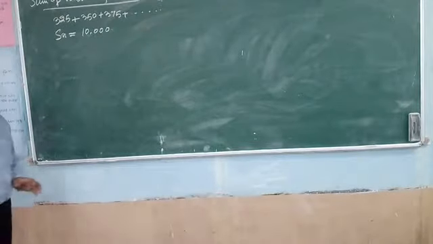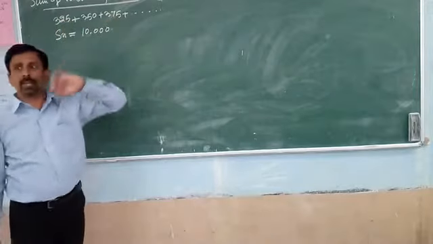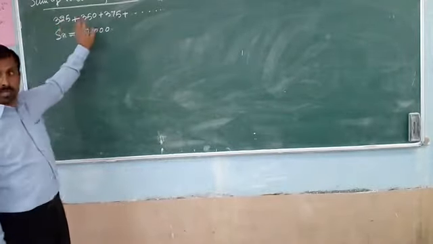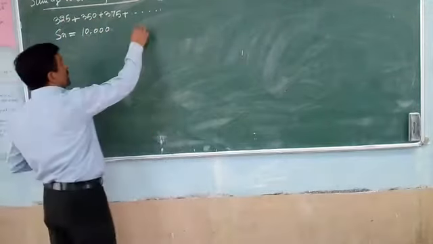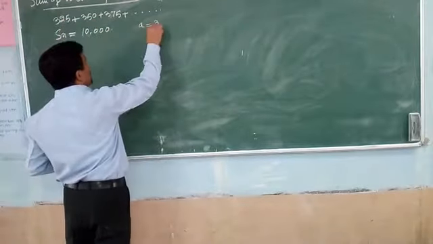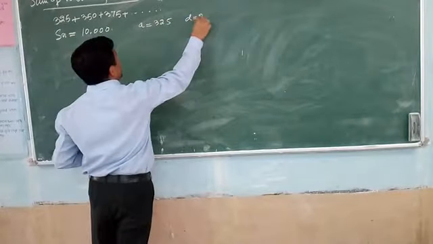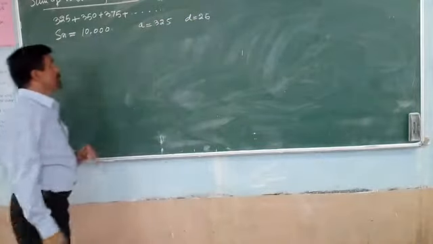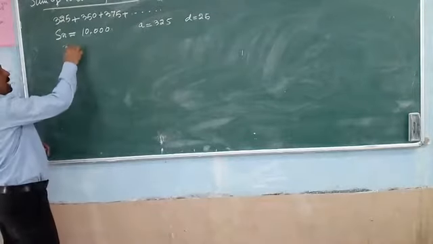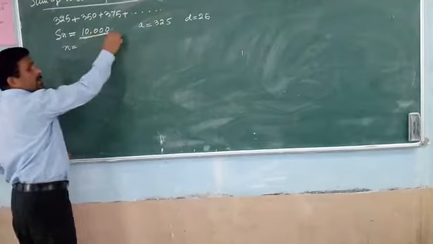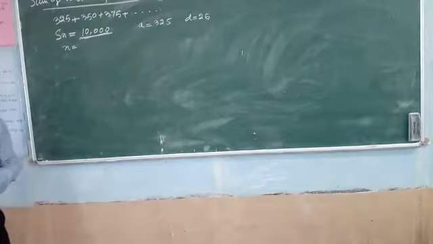Now from the series we can easily have the value of first A and the value of D. So the value of A is 325 and the value of D is 25. With this, we are now going to calculate the number of terms for which the sum is supposed to be 10,000. Is it alright? Yes, sir.